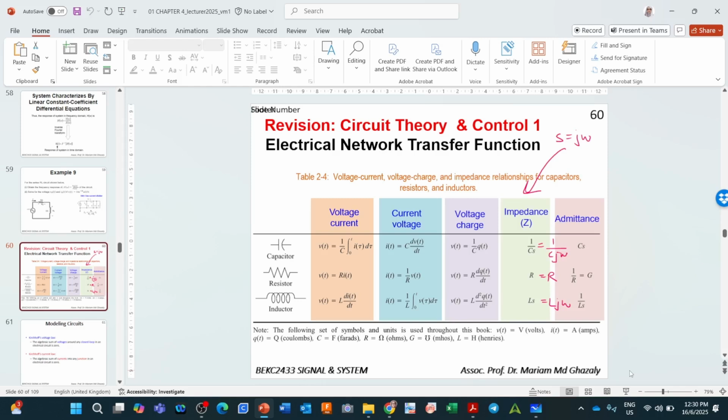So if you have a resistance, an inductance, and also a capacitance, you can have the voltage across the resistance, VR, and you write it in terms of impedance, ZR.